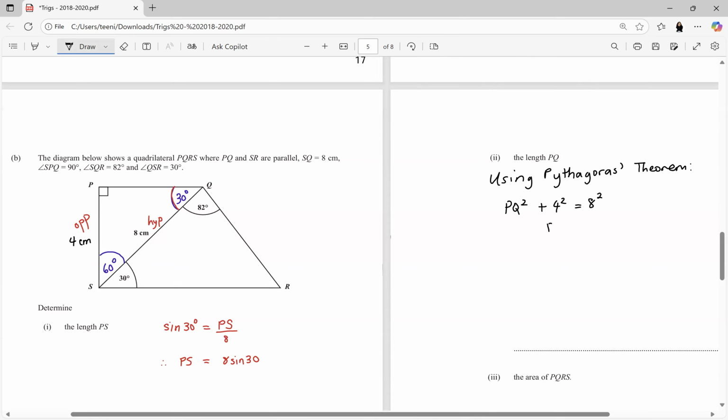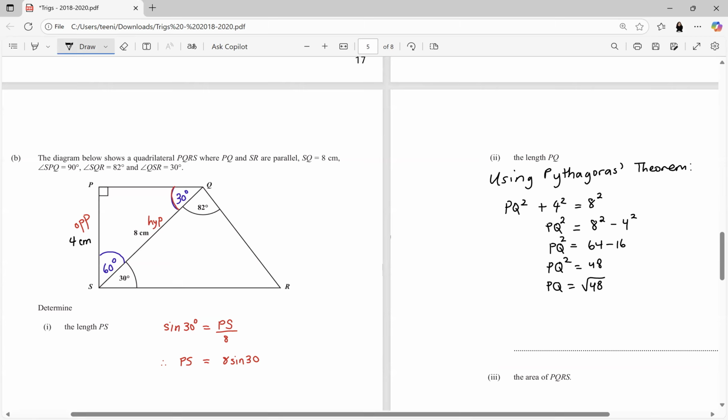So therefore, if PQ squared plus 4 squared is equal to 8 squared, then PQ squared will be 8 squared take away 4 squared. Now, 8 squared is 64, and 4 squared is 16. 64 take away 16 is 48. So PQ squared is equal to 48, which means that PQ is equal to the square root of 48, which is 6.9.